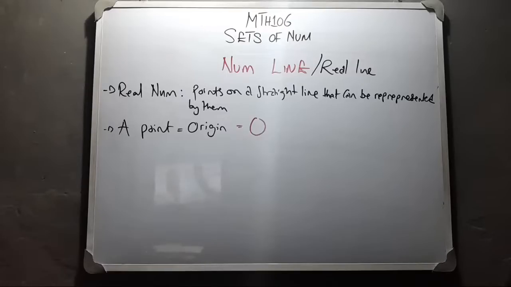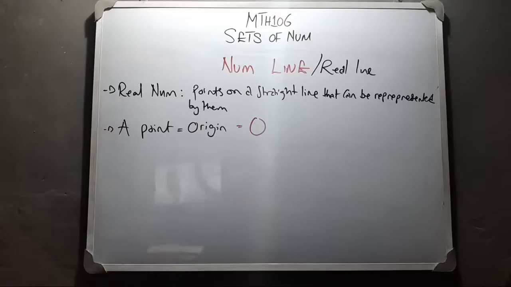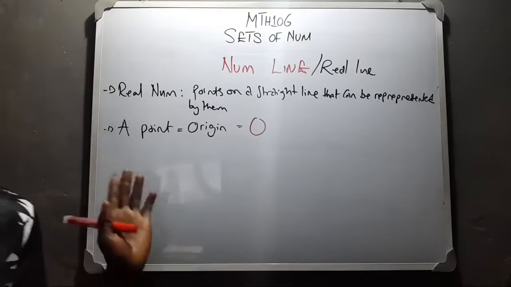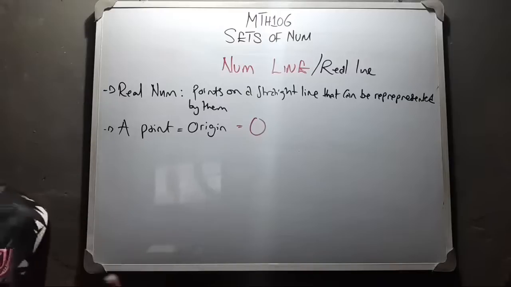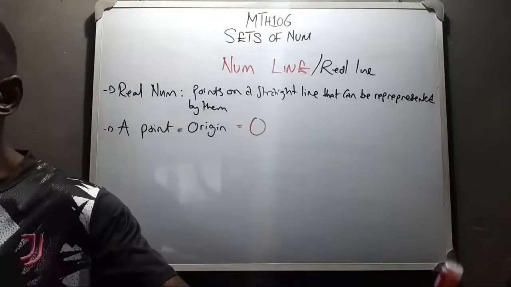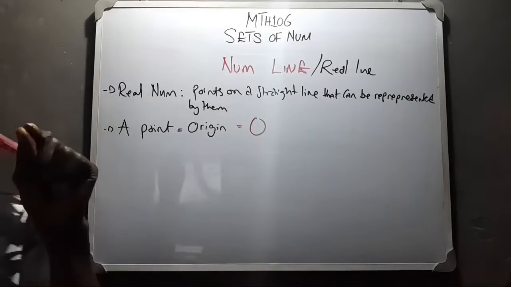To the right and to the left, all this we will dissect. Now there is a natural way of pairing points on the line and the real numbers. That is, each point will represent a unique real number, and each real number will represent a unique point.